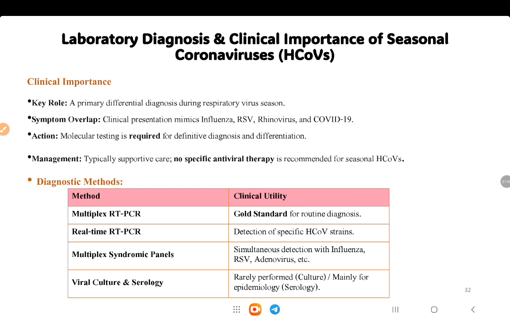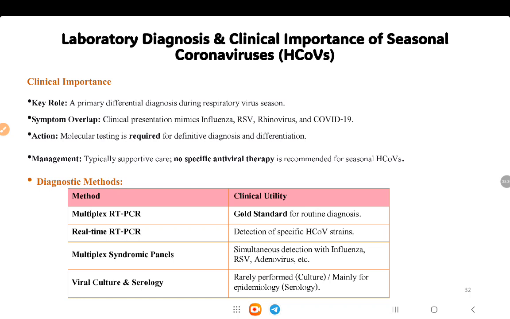So the clinical importance is that we need to differentiate which virus is causing the infection. The clinical presentation overlaps and mimics influenza, rhinovirus, and COVID-19; all of them overlap in symptoms. Molecular diagnostic technique is the most important technique for diagnosing and differentiating them. We use supportive care for treatment, as there is no specific antiviral therapy.